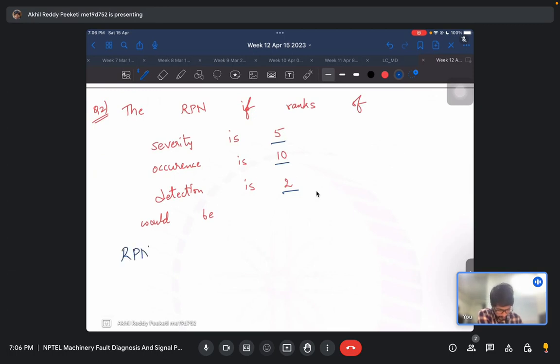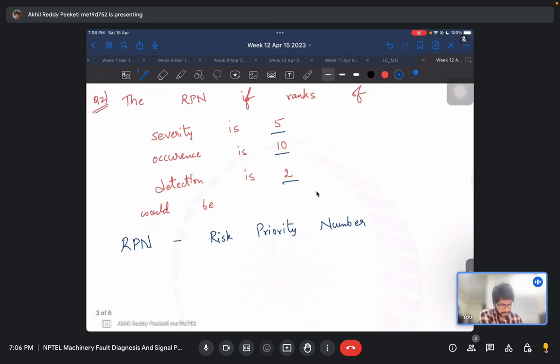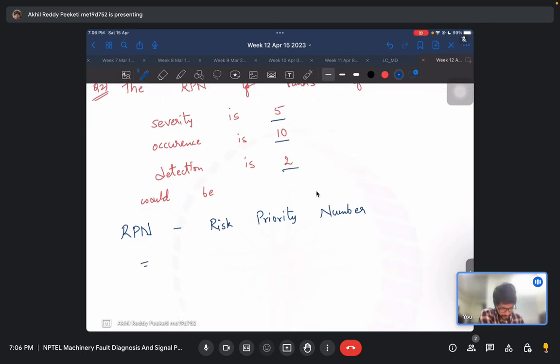RPN means risk priority number, and it is calculated by the product of rank of severity, rank of occurrence and rank of detection.